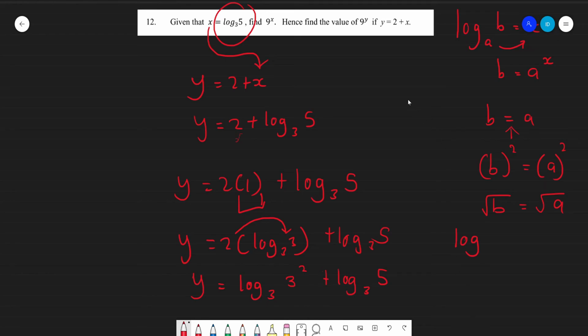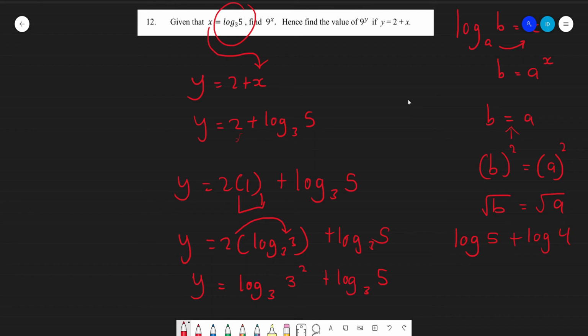So, let's say log 5. Remember, log base 10 of 5, but I will not write down the base. I'll just leave it as log, which we call the common log. So log 5 plus log 4.